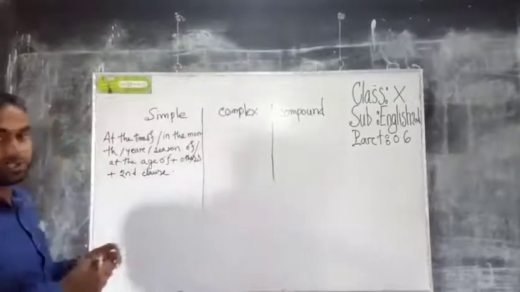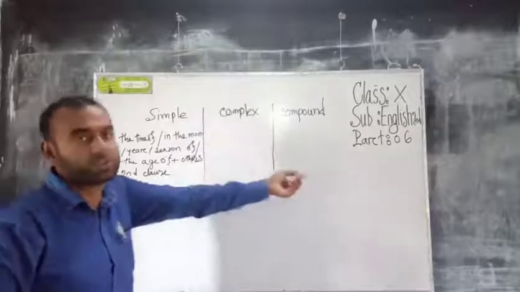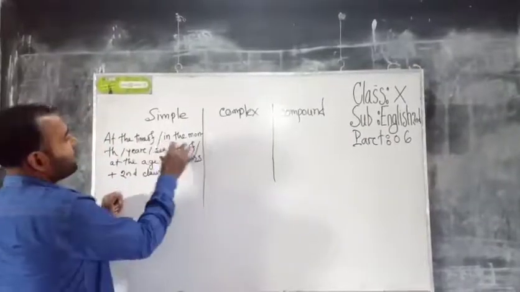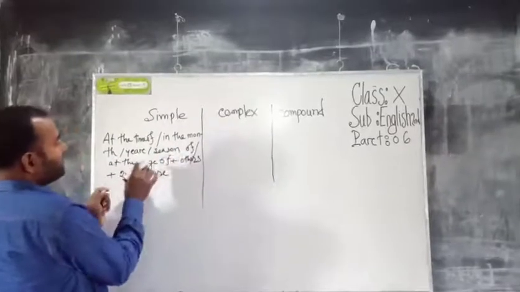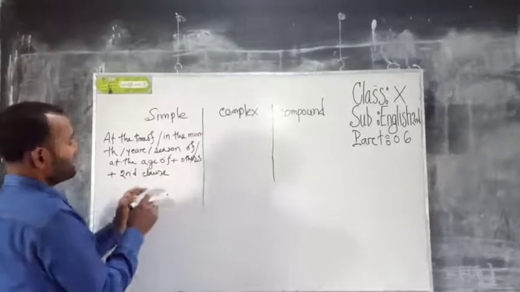Dear learners, I told you the second clause will be the same in all the sentences. So if we find at the time of, in the year of, in the season of, in the month of, at the age of and others, then second clause.